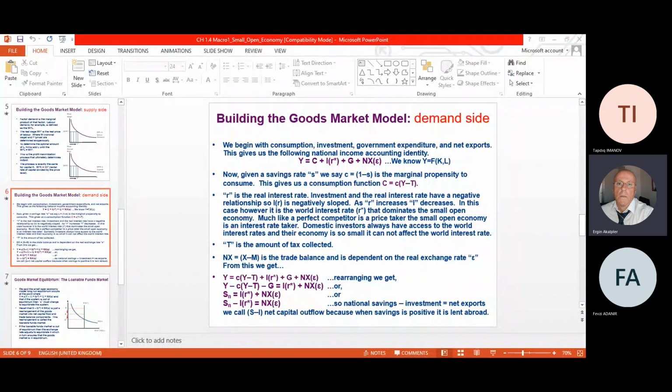So of course we are talking about S_N, the national saving, which is going to be equal to the investment amount, which depends on the real interest rate, plus the NX. And if we move this to the other side of the equation, saving minus investment is the net capital outflow, because when saving is positive, it is supposed to be lent abroad, which is really realized, and this then gives you the net exports.